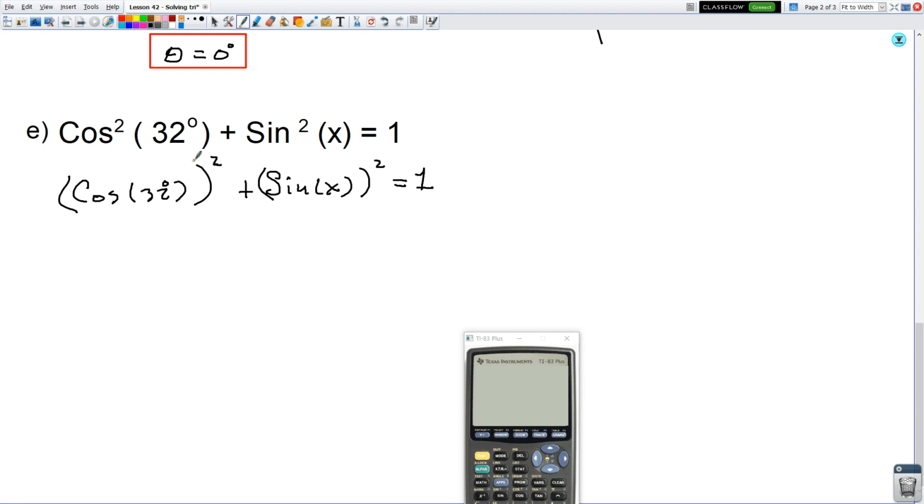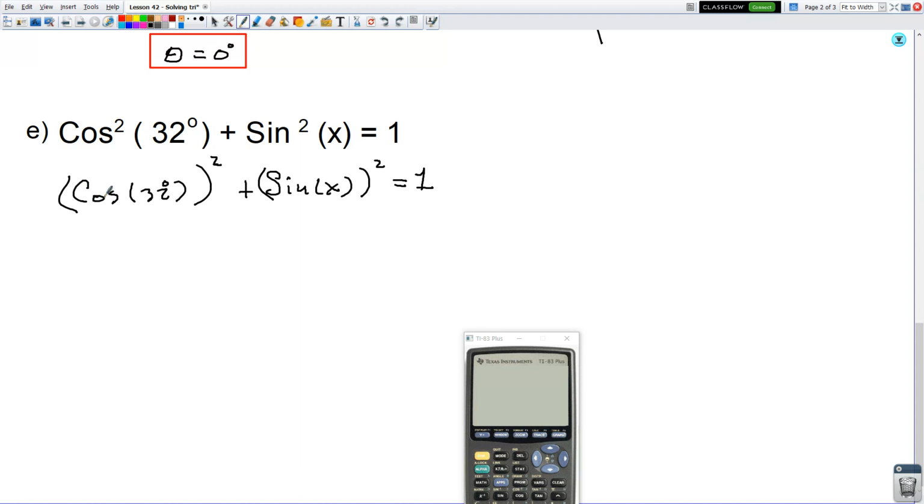There's nothing wrong with it, but it's preferable to put the second exponent outside because it becomes a little more clear. But let's see, what exactly are we trying to find here? We want to know the value of x, because this is the only variable that is unknown. So, is there anything that we can find the value of?